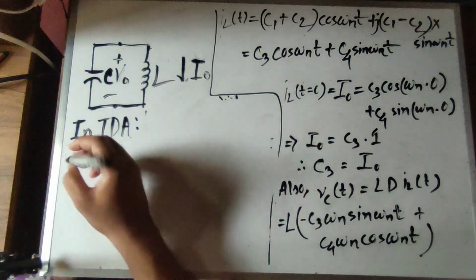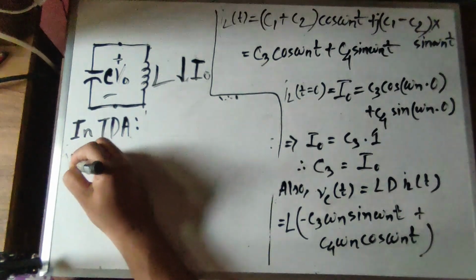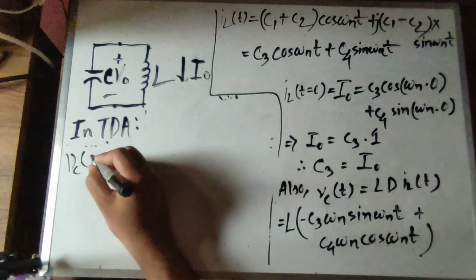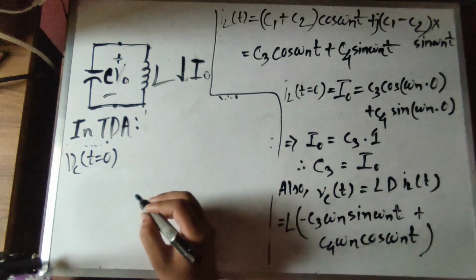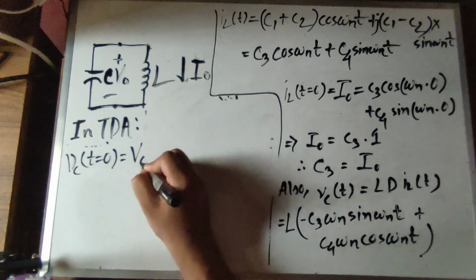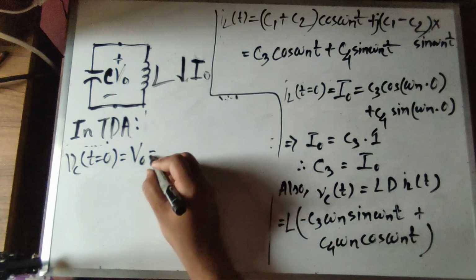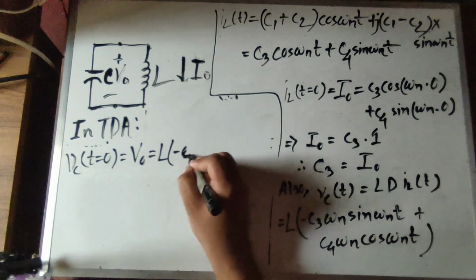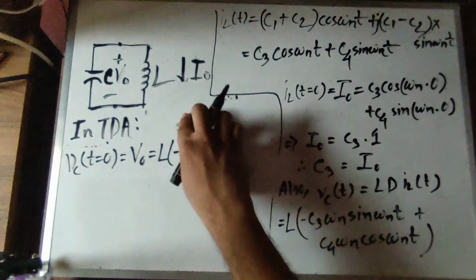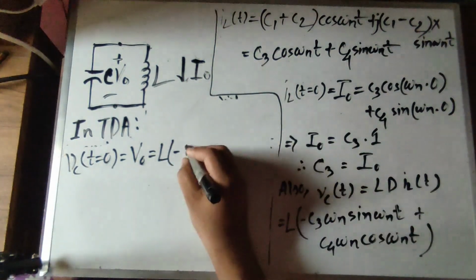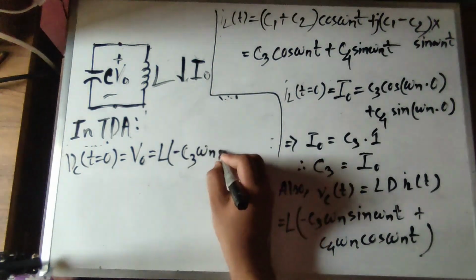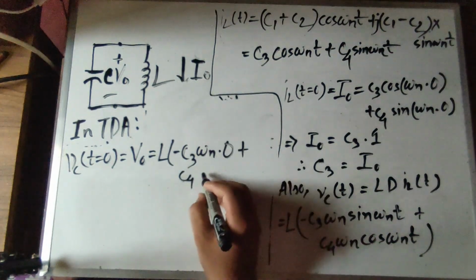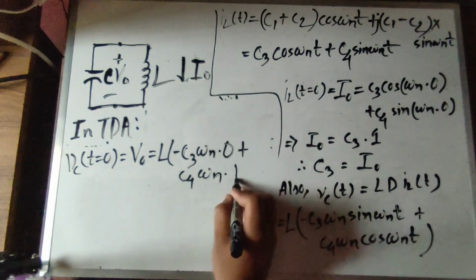Now, VC, the voltage across the capacitor at t equals 0, is V0, the DC value, equals L times minus C3 omega n dot 0 plus C4 omega n dot 1.